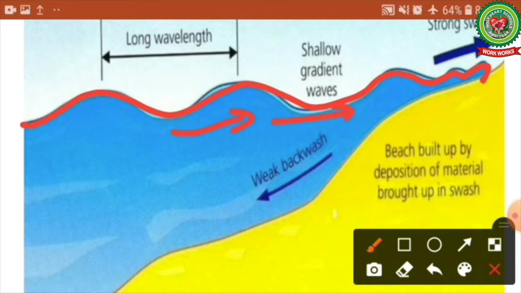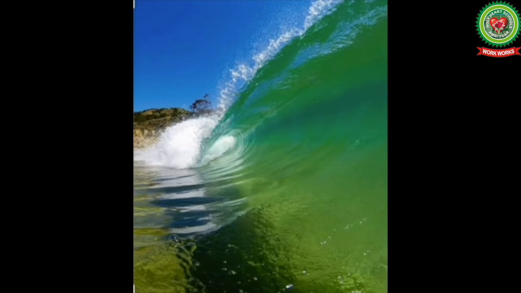When the water falls almost vertically and rushes shoreward in the form of turbulent foaming water, it is called plunge.